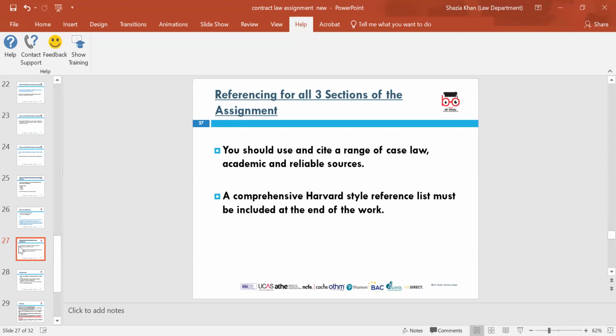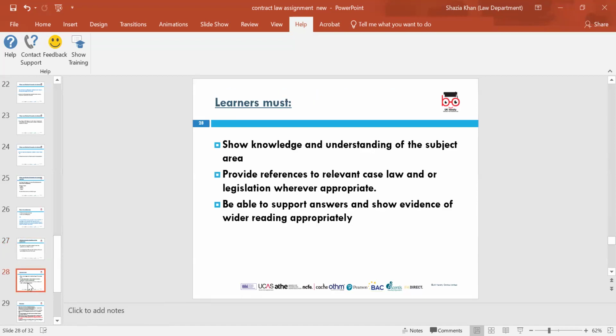You need a comprehensive Harvard referencing style. A reference list must be included at the end of your work. Learners must show that you understand the subject area and have knowledge of it, because it's so important that when you're reading something, you're able to understand what you are writing about.